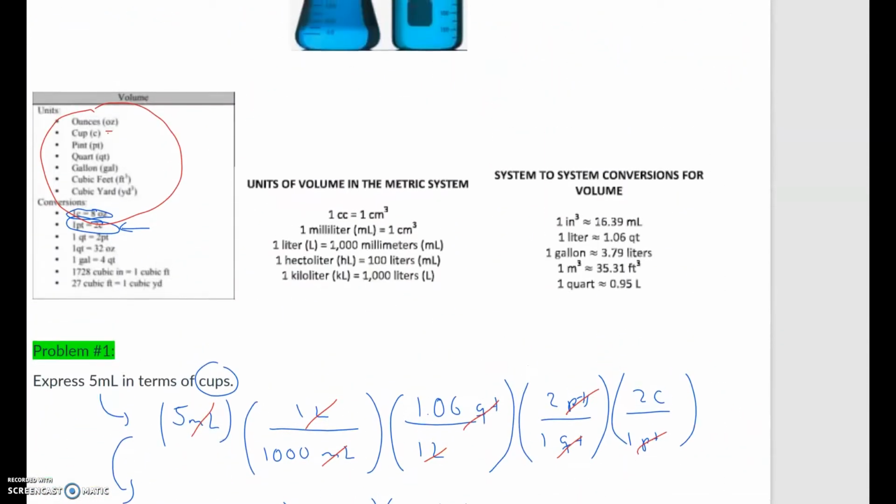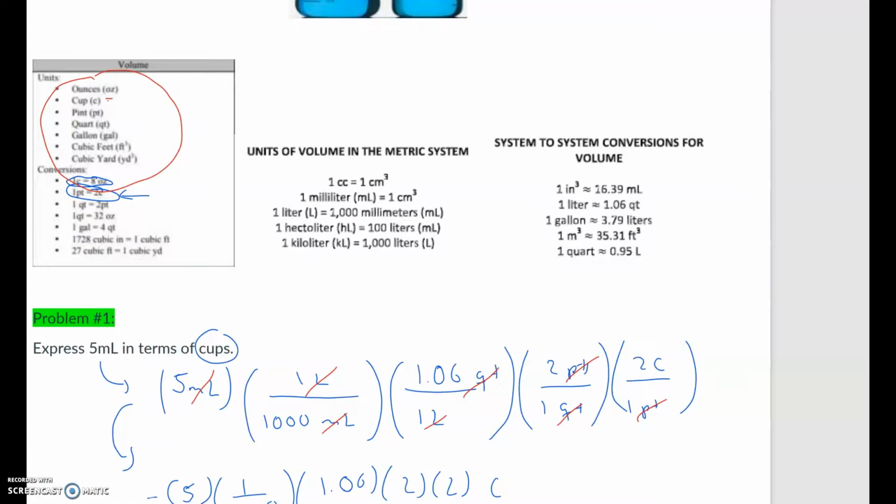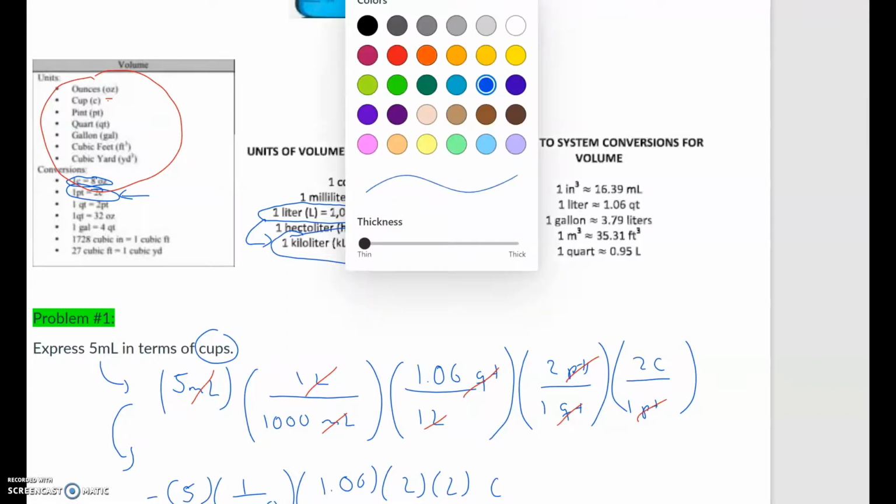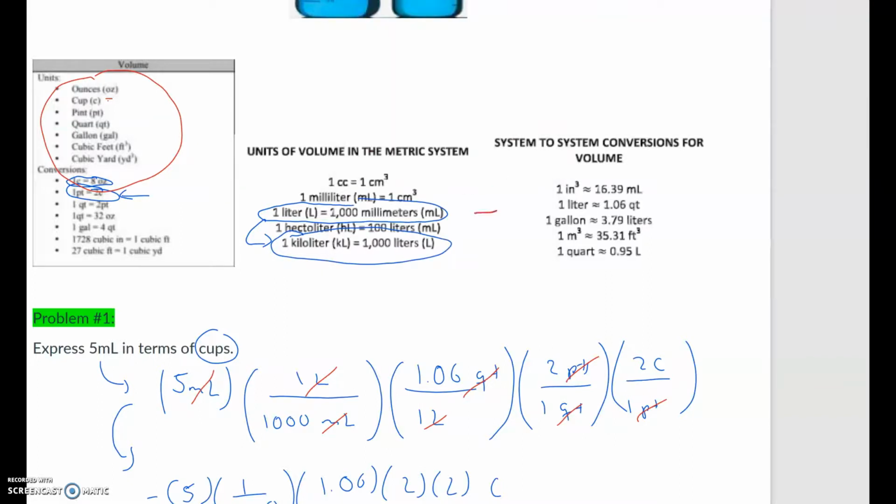So let me move to the units, and notice that we have milliliters. We could use milliliters to liters, and then from liters to kiloliters, which is these two here. And in either of these two cases, we're looking at 1,000 as the conversion. So let me do the first one, from milliliters to liters.